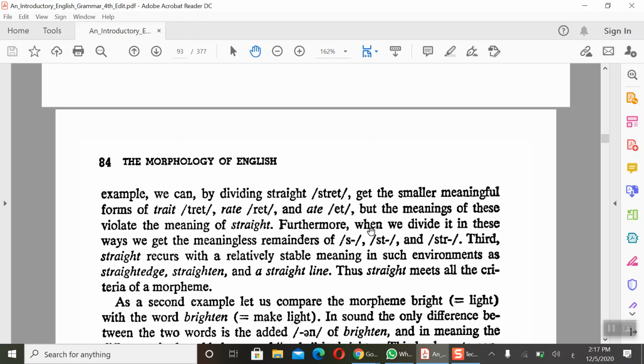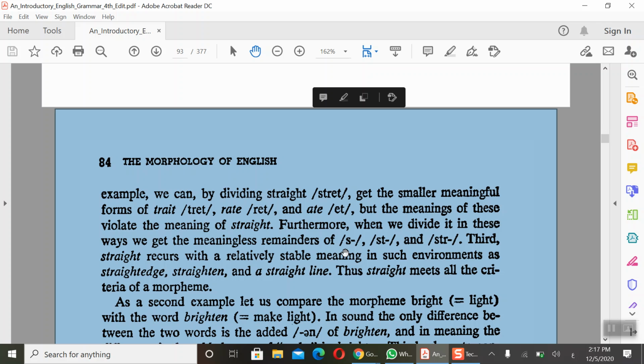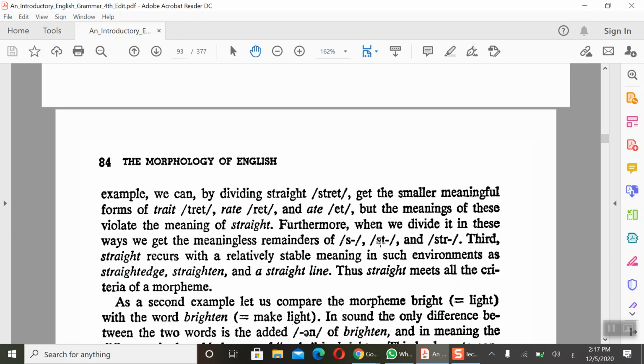Furthermore, when we divide it in these ways, we will get meaningless remainders. This is the second part. Meaningless remainders are leftovers that have no meaning. For example here, S, ST, STR, are they meaningful? They are meaningless. They have no meaning. S, ST, STR. This is number 2. I hope it's clear.